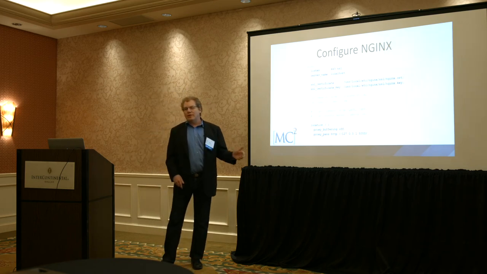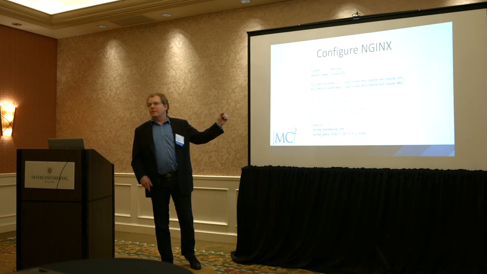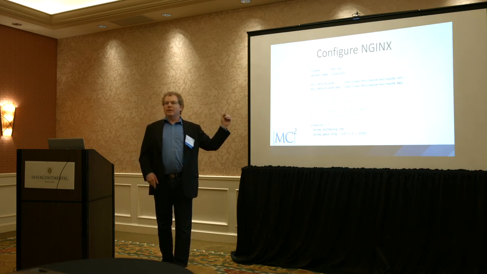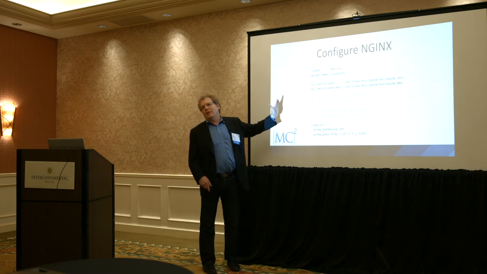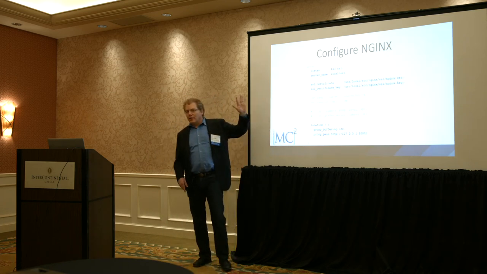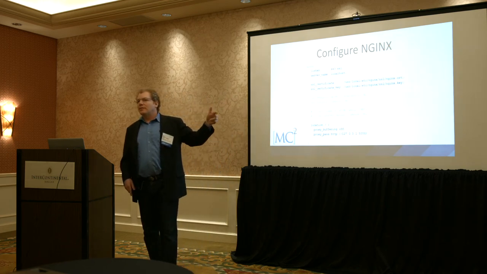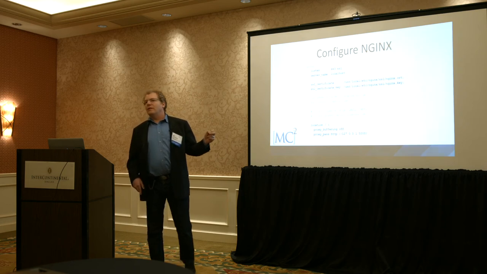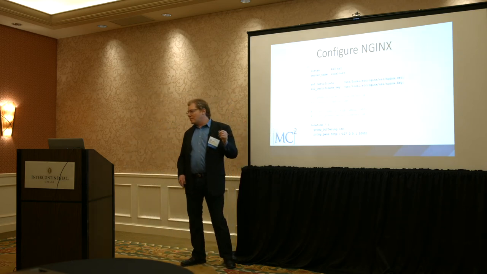So to the rest of the world, this machine would appear invisible except for port 443, and you'd only be able to hit it with HTTPS. That pretty much locks you down. You may want to have port 22 if you're doing SSH into it for maintenance commands, but that's also going to be certificate based. You can even lock this thing down more, and I'll show you in a second how to do that.